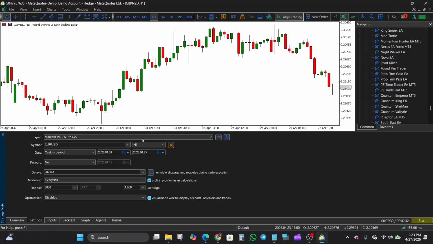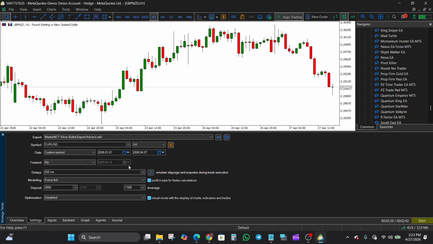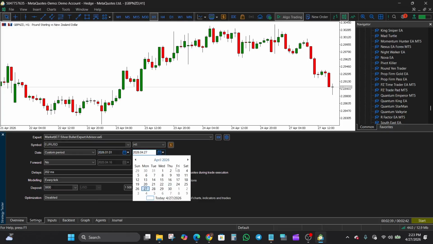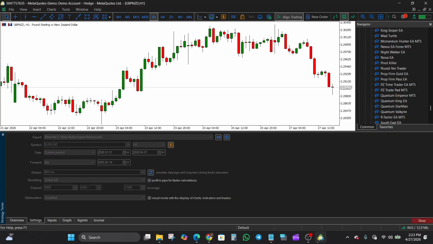So let's head over, select the ICT Silver Bullet, and we're going to be running the test from the start of the year, 1st January 2026 till date. We're not just looking at the short-term results, we are seeing how it behaves over a more meaningful period. But I will still recommend that you test it over a longer period to get a more comprehensive result. So let's just go ahead and start the back test.